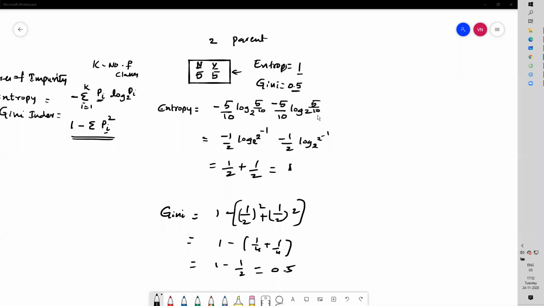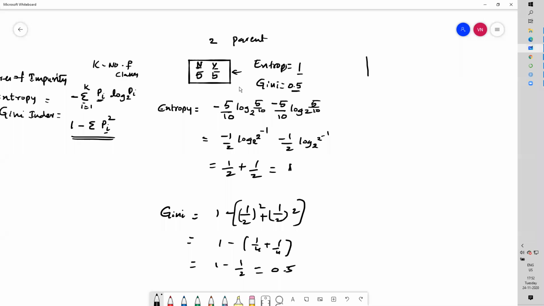Thank you. Okay. For a perfectly pure node, let's see. So what is a perfectly pure node? When all the observations belong to one class and no observation belongs to the other class. So this is a perfectly pure node. So let's see what is the entropy value and Gini for a perfectly pure node.